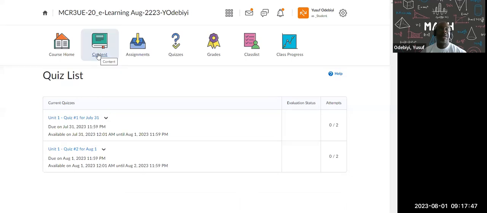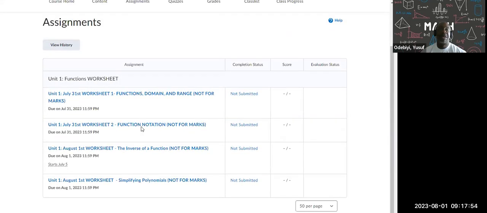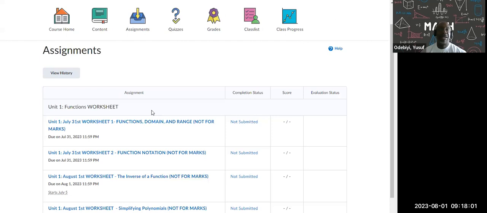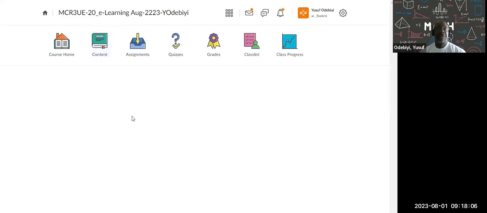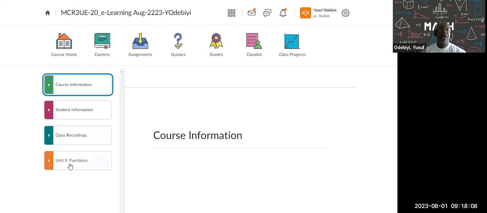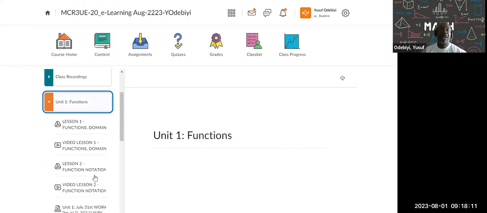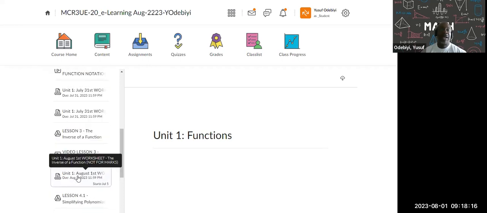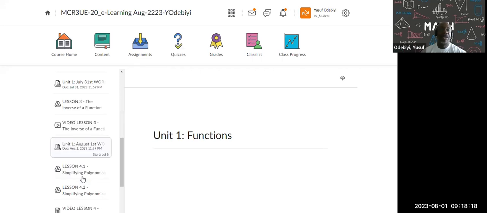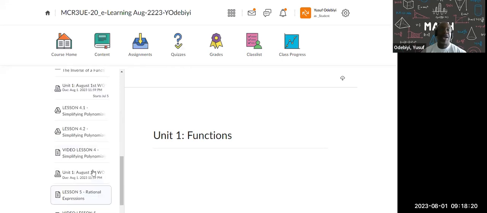And then with the worksheets for today, August 1st worksheets. All right, so August 1st worksheets right here. And then the content. Unit 1, and then we're going to go to August 1st. Yeah, August 1st right here. So it's 2 worksheets for August 1st.